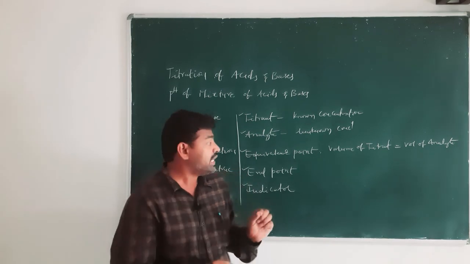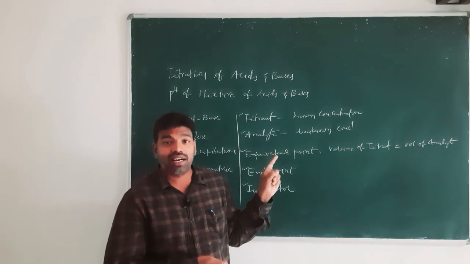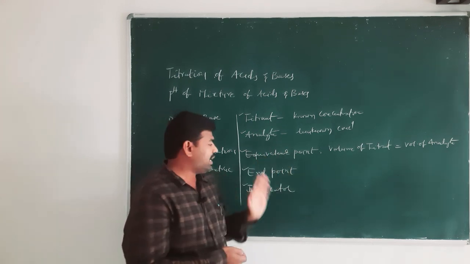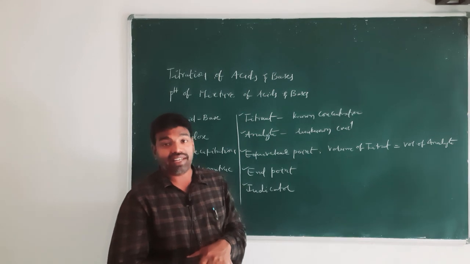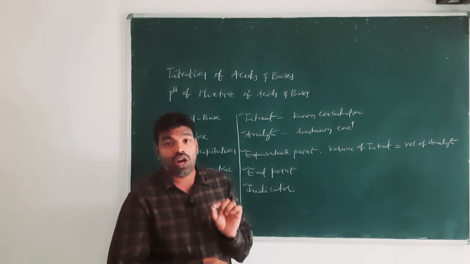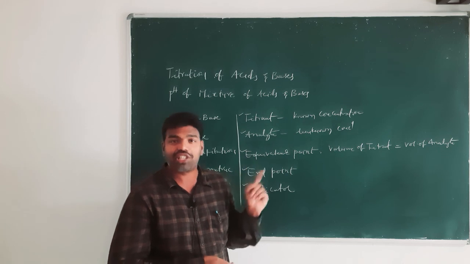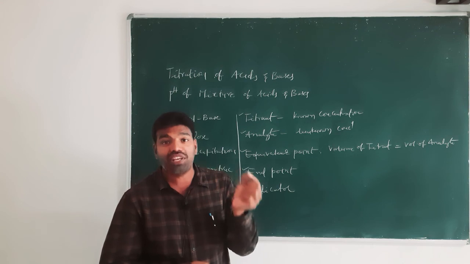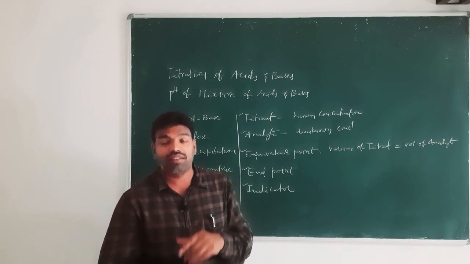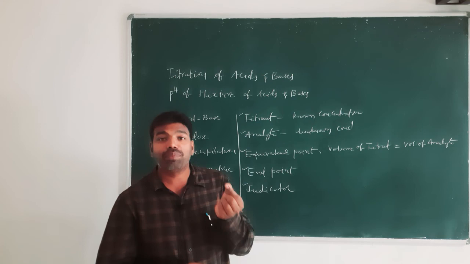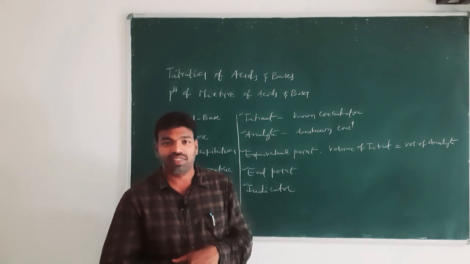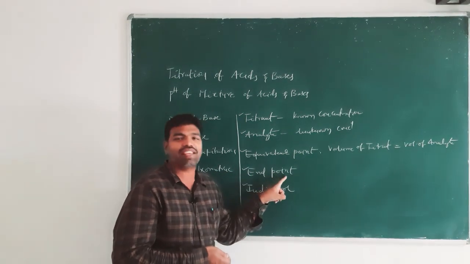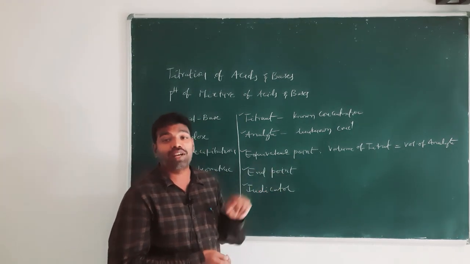The equivalence point is theoretically the end of the titration, but in practice, the titration is not over at the equivalence point, because we have to know the completion of the titration. We can know the completion of the titration at the end point only.